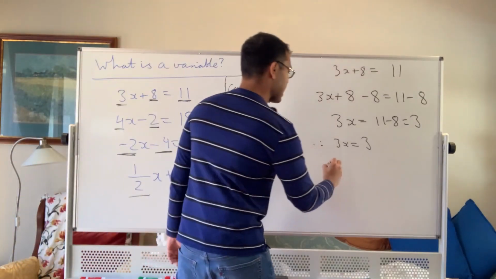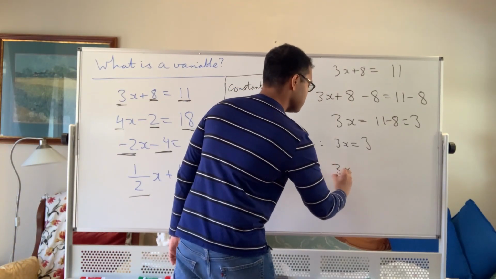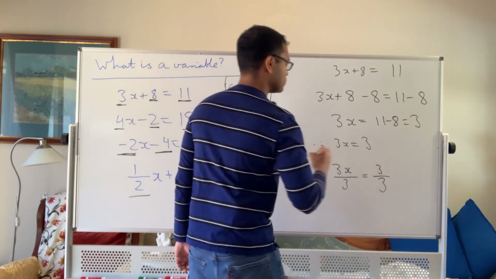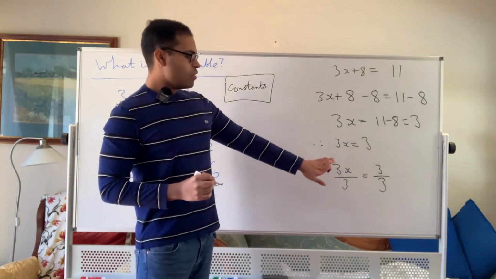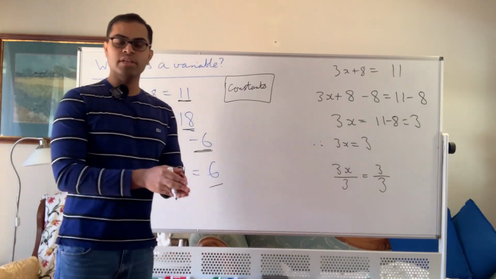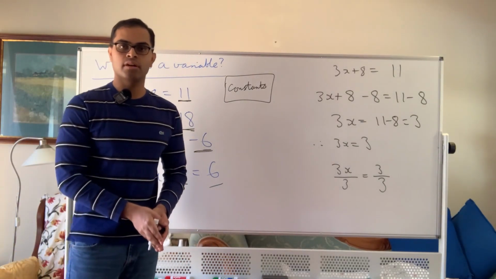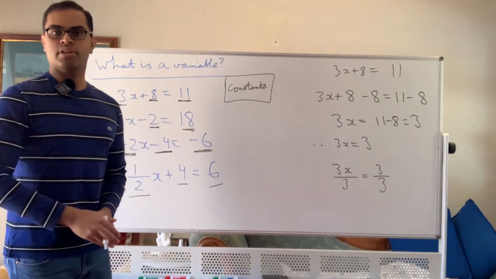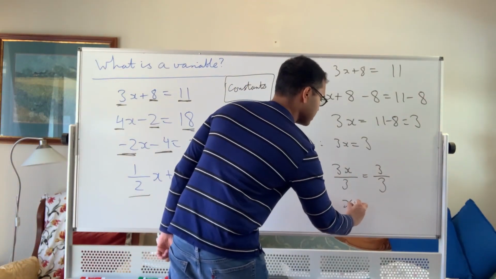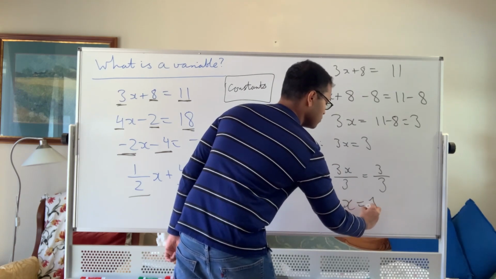So 3x divided by 3 is equal to 3 divided by 3. Now 3x is 3 times x. So just like with fractions, when you have 3 times something on the numerator and 3 on the denominator, you can cancel off the 3's on top and bottom, and you're just going to get the something which is left over, which is x, and x is going to equal 3 over 3, which is 1.